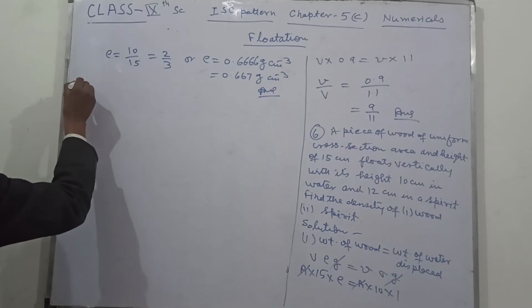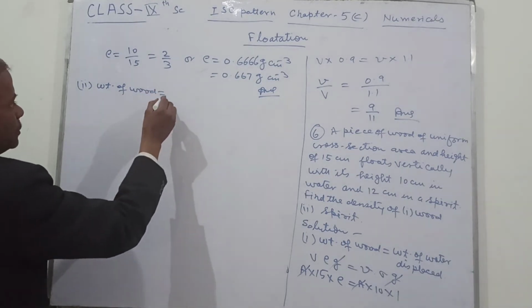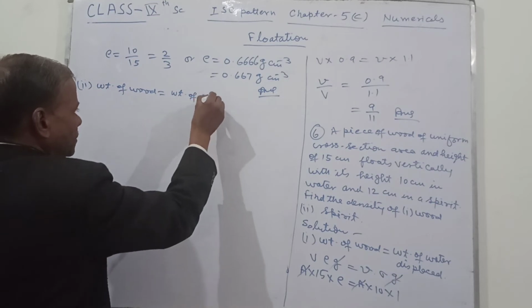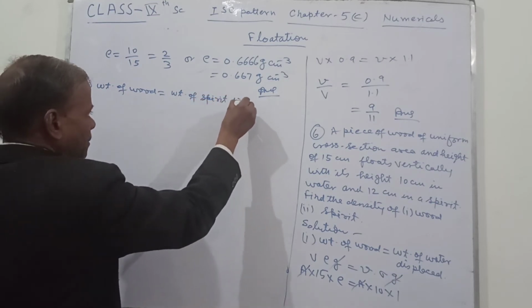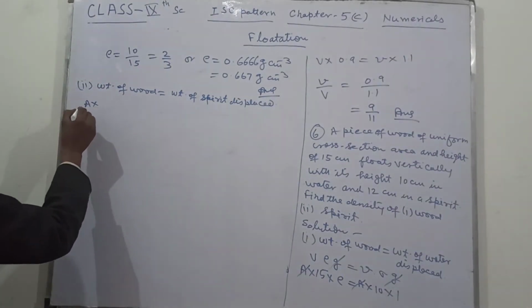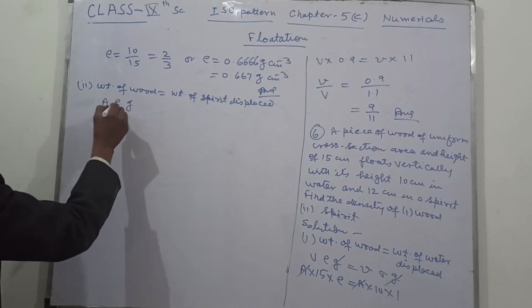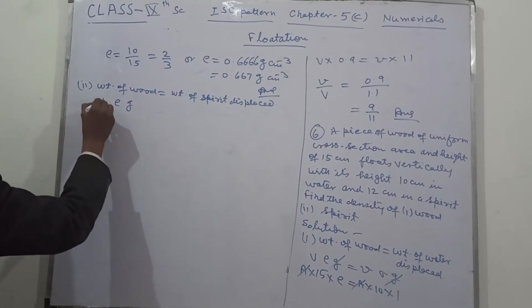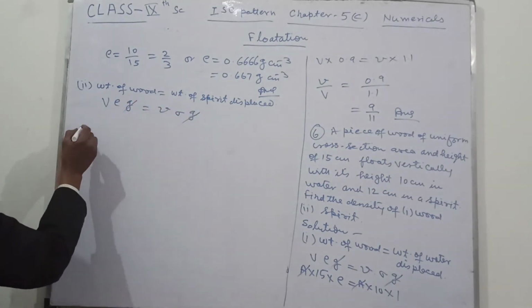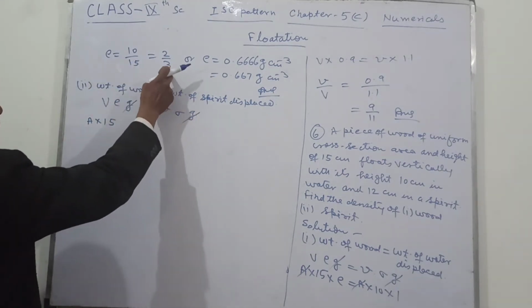Then now in the second, weight of wood equal to weight of spirit displaced. So this is now V rho into g equal to V sigma into g, and g will cancel. So this is A into 15, and this rho is 2 by 3, which we have known.